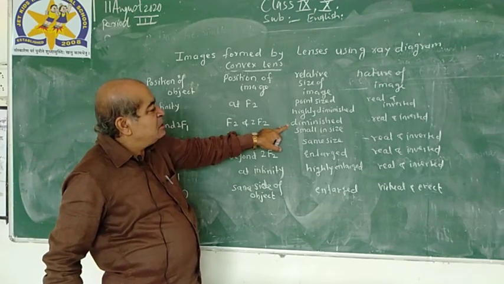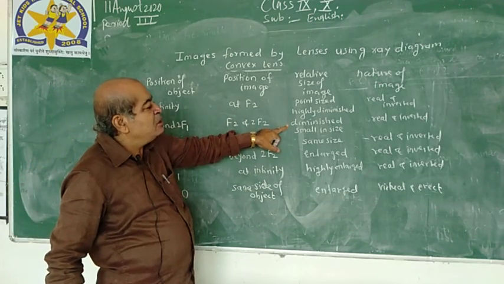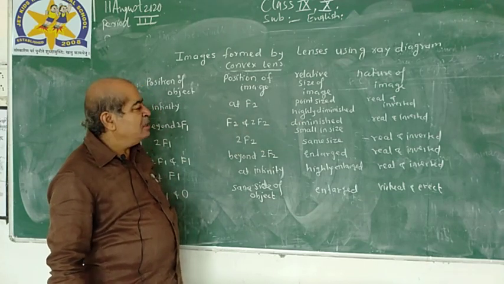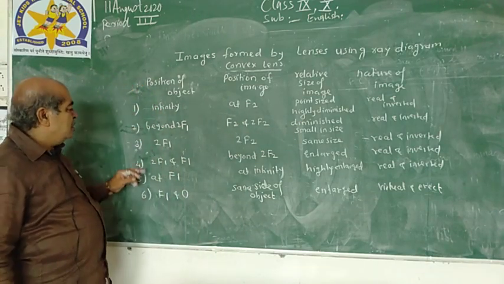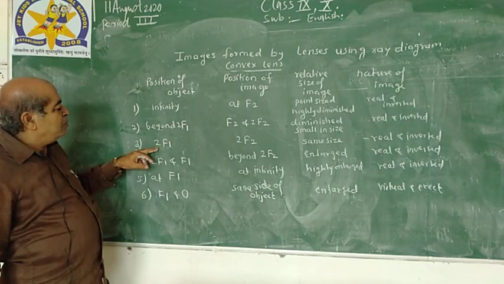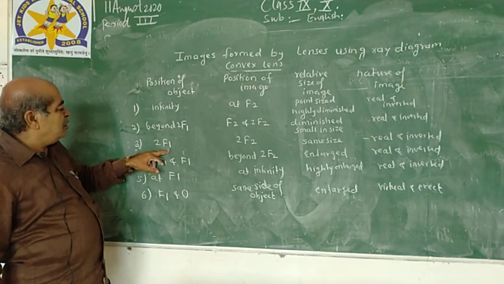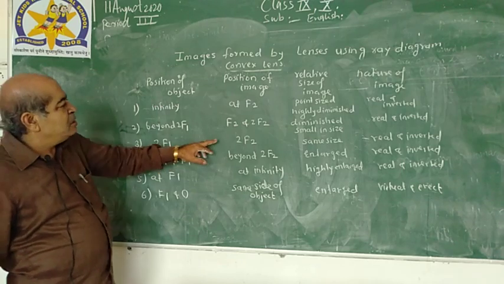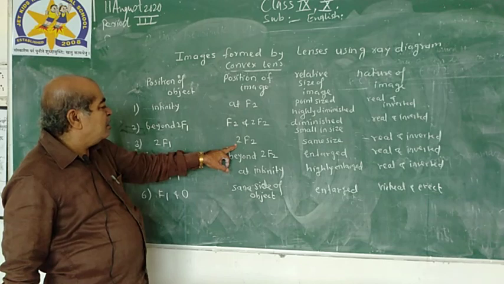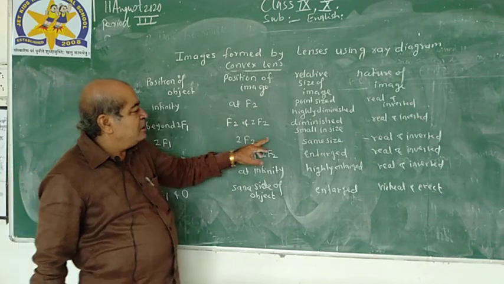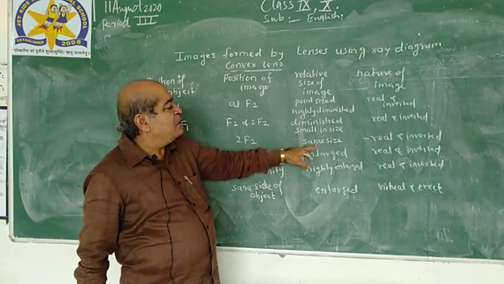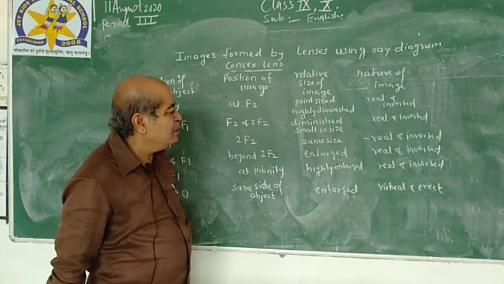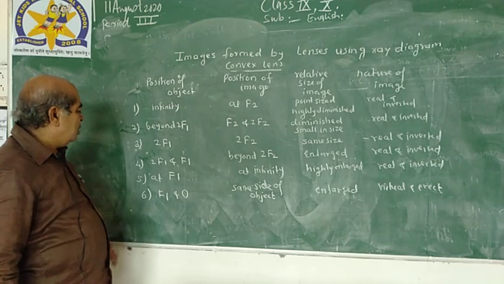The image is diminished, meaning small in size, and the nature of the image is real and inverted. Third, when the position of the object is at twice f1, the image is formed at twice f2. The relative size of the image is the same size and the nature of the image is real and inverted.